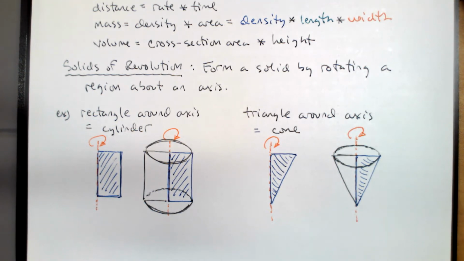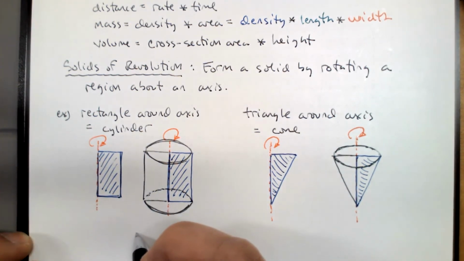Then all we have to do is make the region some weirdly shaped thing that's not standard. And we'll have to calculate the volume of something where we don't know the formula for the volume. We do know these volumes.